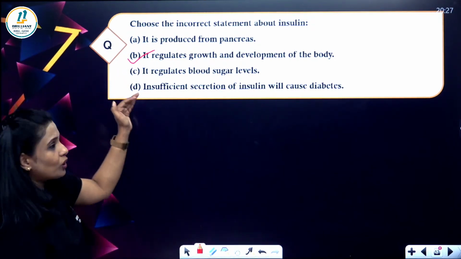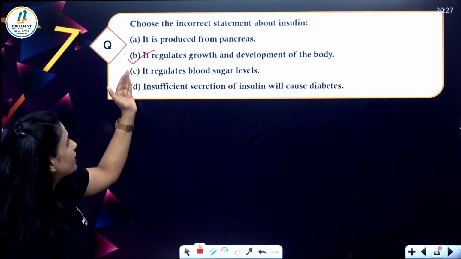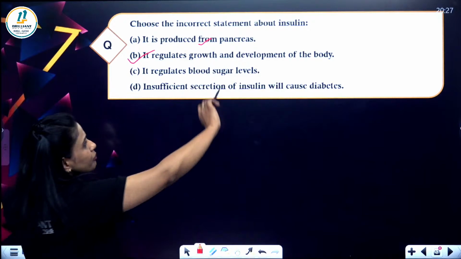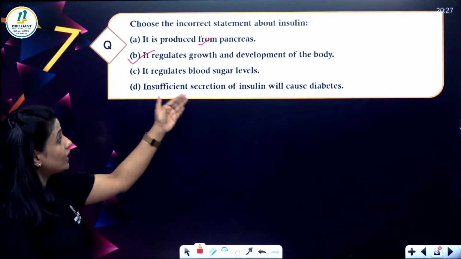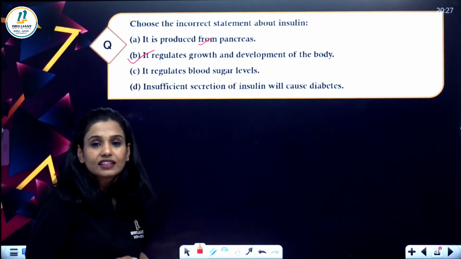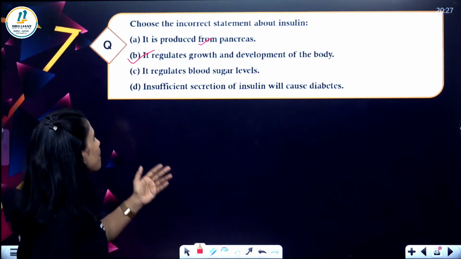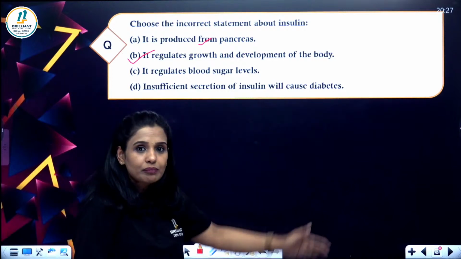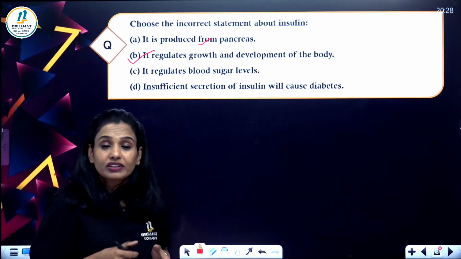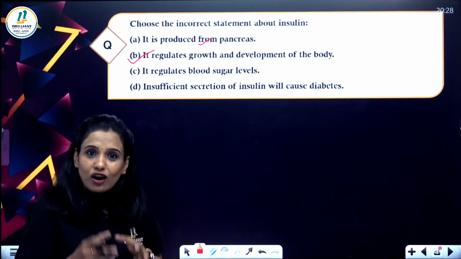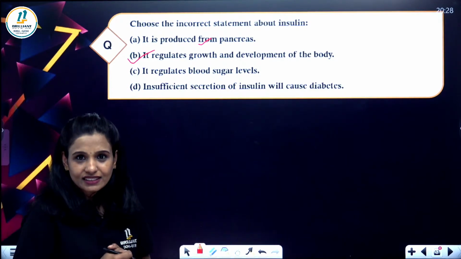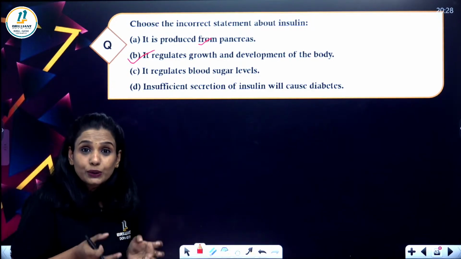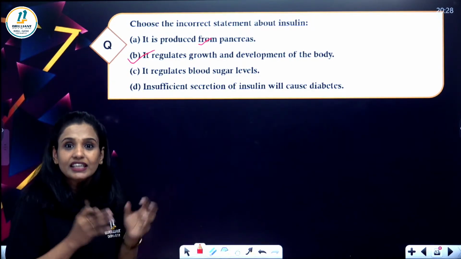All other three options: it is produced from pancreas, correct. It regulates blood sugar level, yes. Insufficient secretion of insulin will cause diabetes, yes, because insulin is the hormone which reduces the blood sugar level in our body.